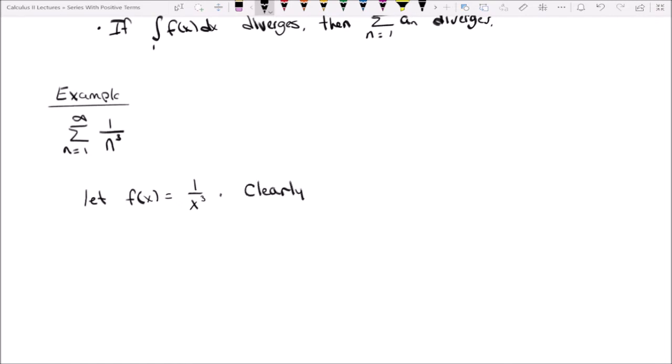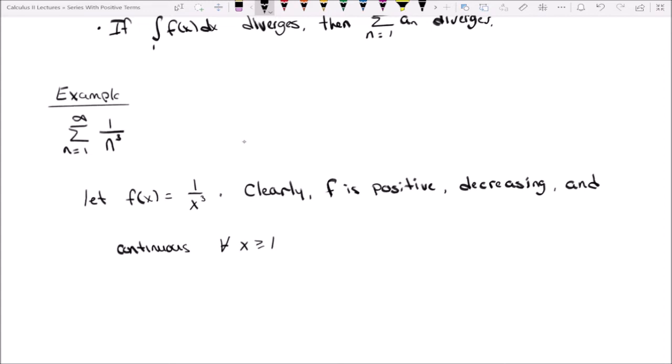Well, clearly, f is positive for all x greater than or equal to 1. It is clearly decreasing for all x greater than or equal to 1. And it is also clearly continuous for all x greater than or equal to 1.